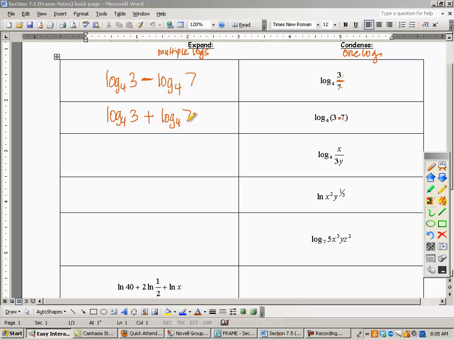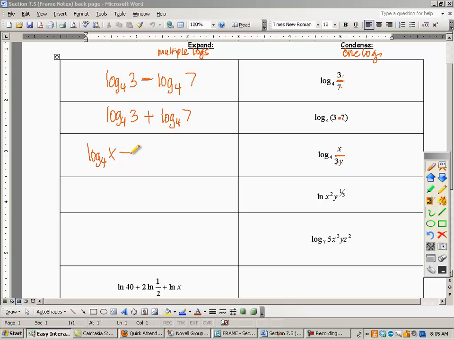Okay, let's keep expanding. Now you'll notice in the third one, I have 1, 2, 3 different things. So the 3 different things means that I will have 3 different logs. Now I have a division bar, which means minus, so I'm going to start there. I have the log base 4 of x minus, because that's what the division bar is.